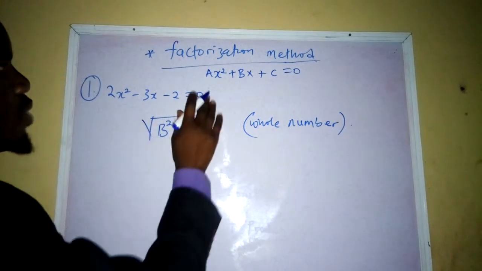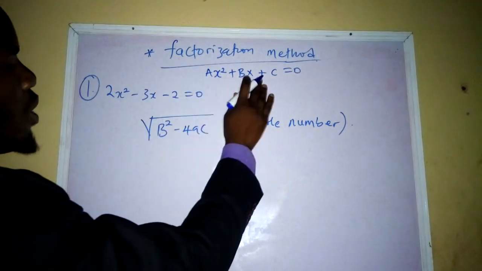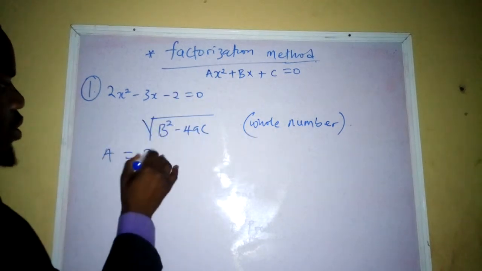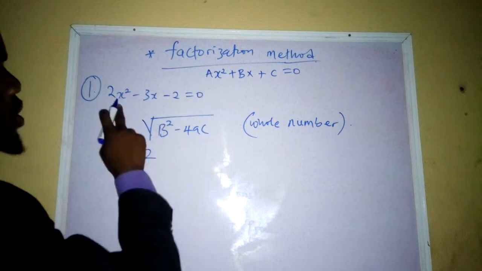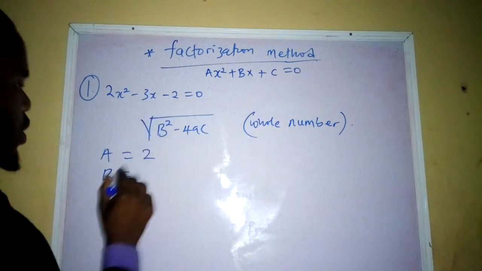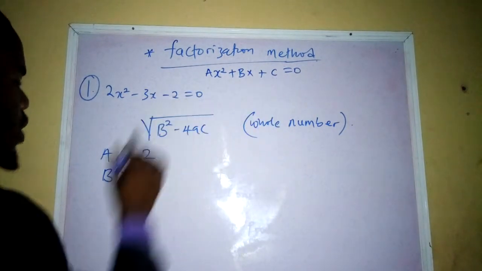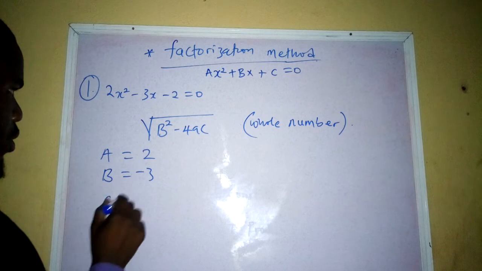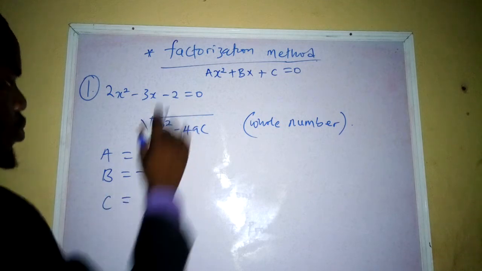So let's test. If we compare this equation with the general form, you will discover that a is equal to 2, b is negative 3, and c is negative 2.